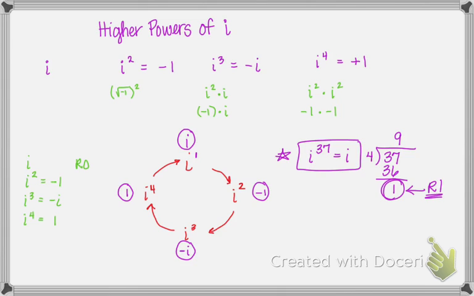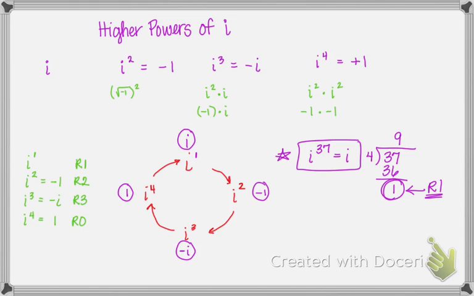Remainder 1 is equal to i, remainder 2 is equal to -1, remainder 3 is equal to -i, and you can see that corresponds to the exponents, i to the first, second, third, but i to the fourth is going to actually be a remainder of 0 because that's 4 complete cycles.